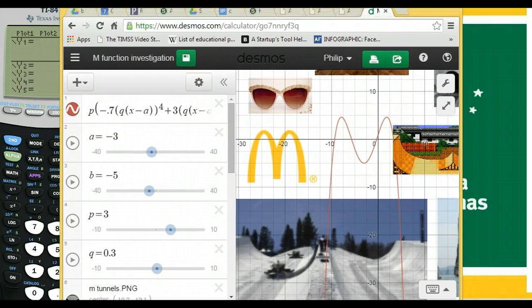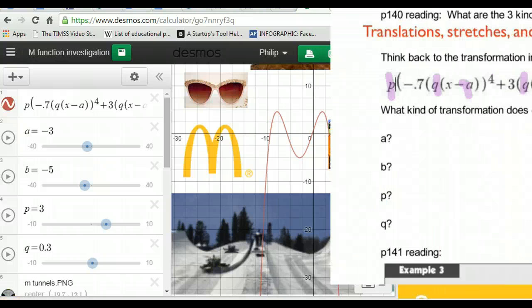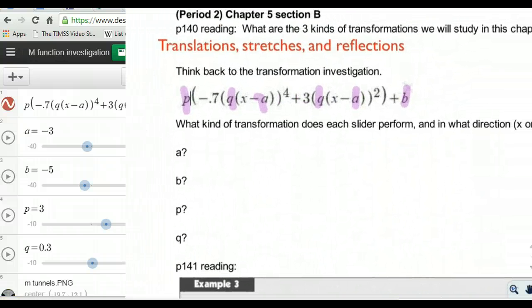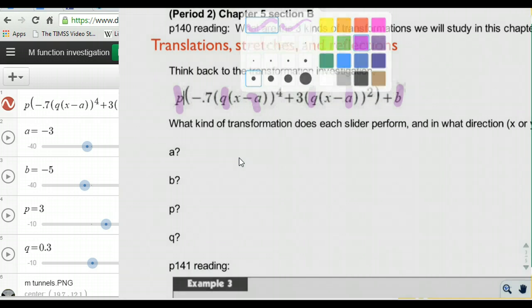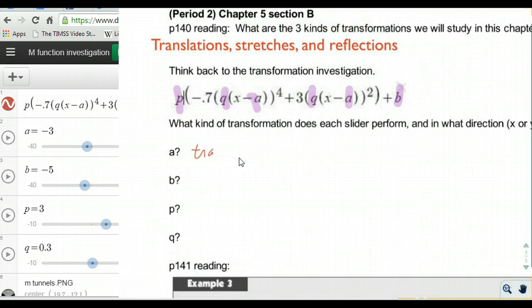Okay, so let's bring back the problem set, and then we'll record that. So the A slider does a translation, which is a transformation which goes either in a lateral direction, horizontally, or vertically.